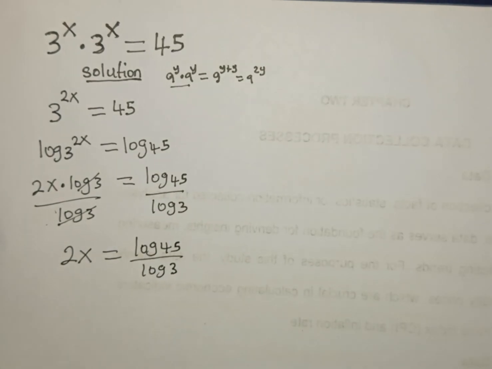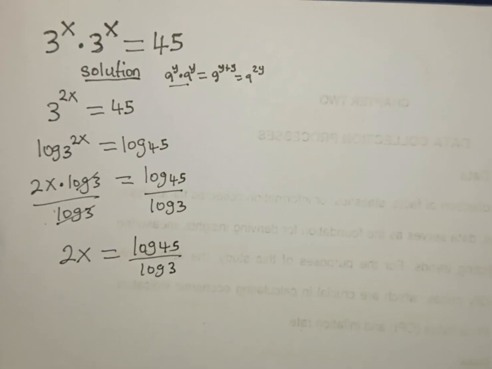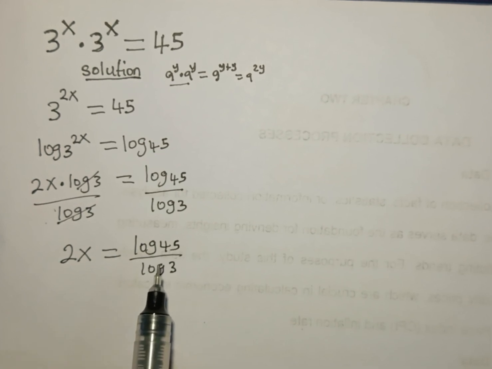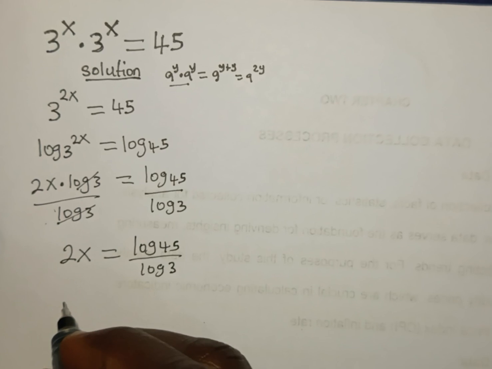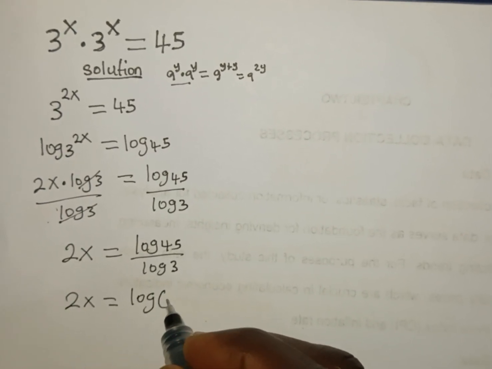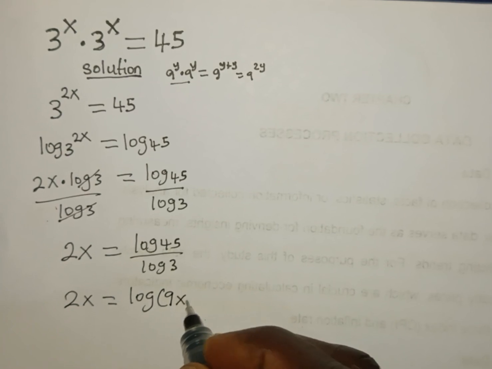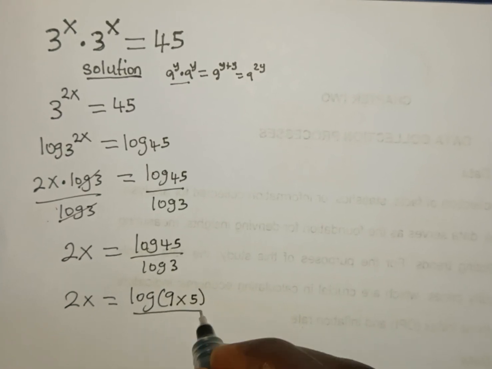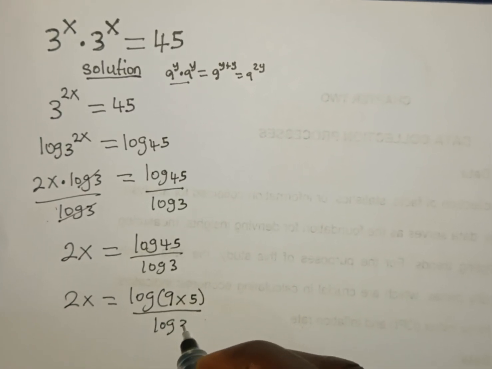So the next thing we're going to do is to simplify the right hand side into its lowest form. As you can see, this 45 can also be broken as 9 multiplied by 5. So we're going to have 2x to be equal to log of, in place of 45, we're going to replace 9 multiplied by 5, then everything all over log of 3.